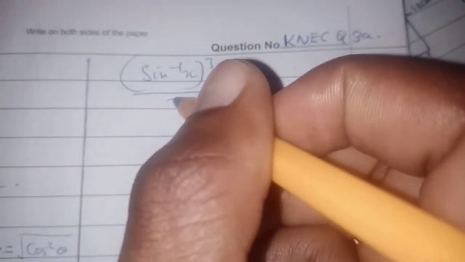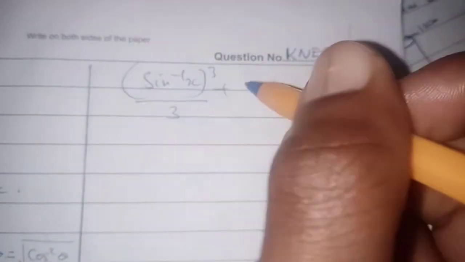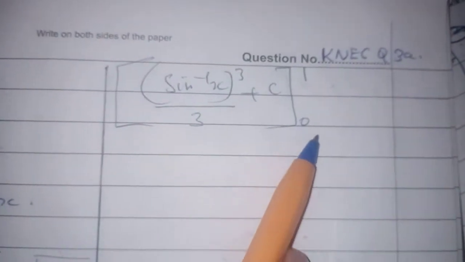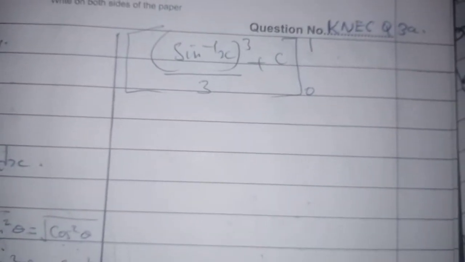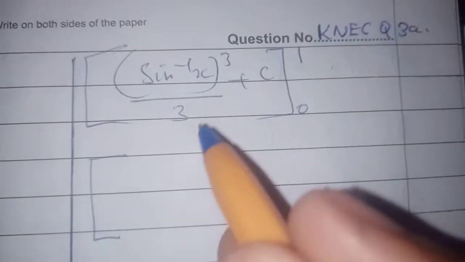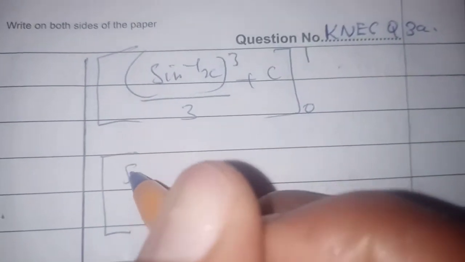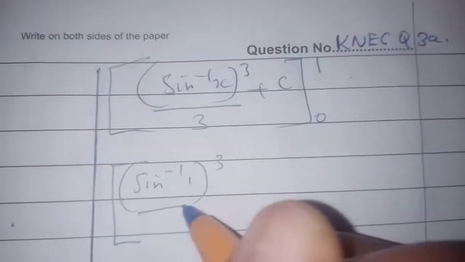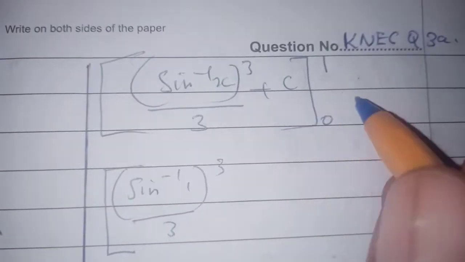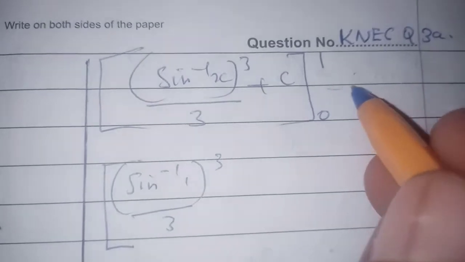Plus constant c. So from 0 to 1, just substitute sine inverse of 1 and sine inverse of 0 with your calculator. So using our calculator now, let's substitute x with 1, so it will be sine inverse of 1 cubed over 3. Then since the constant has a minus, it will cancel out.